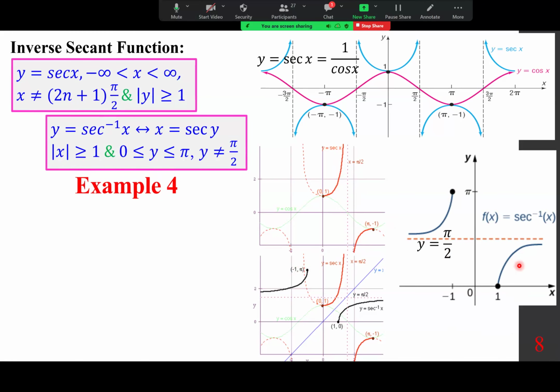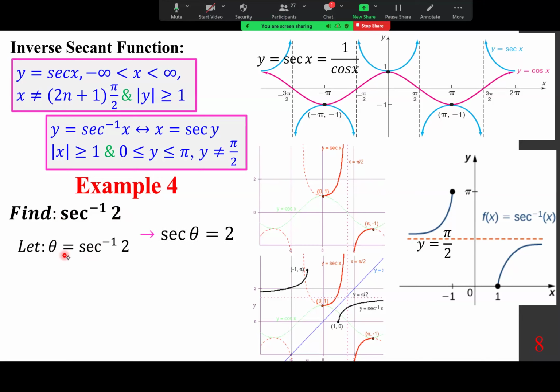And the bottom line is those are the graphs if we separate them and isolate them, which makes it easy to see. So here's an example: find secant inverse of 2. Well, let's call it theta or x or y or z. By definition of an inverse, secant of theta must be 2.